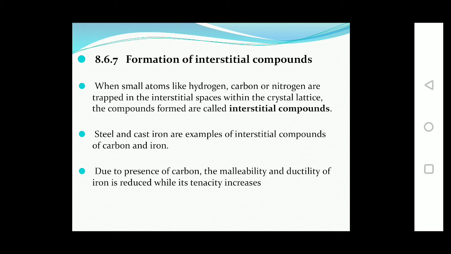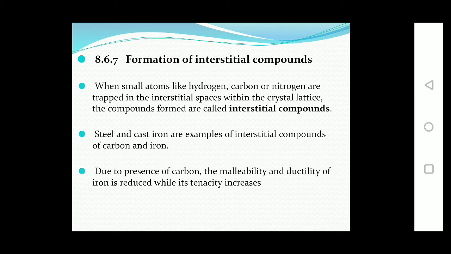Small atoms like carbon, hydrogen, nitrogen get trapped in these interstitial spaces. Because of this, the metal along with these elements is formed, and that is called an interstitial compound.